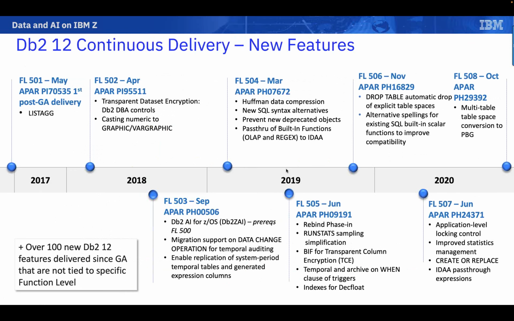So I'm going to talk about function levels, but before I get into the nitty-gritty details for how to move amongst the function levels, I wanted to put a timeline on here for when the function levels came out. We've been at this process since 2017 when 501 came out.